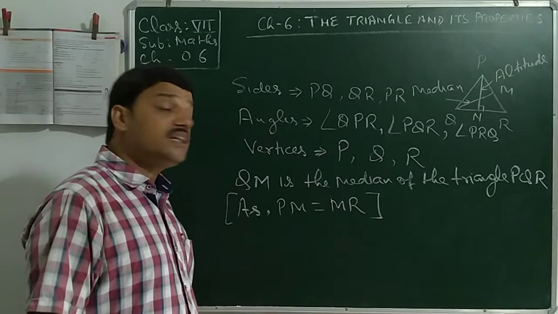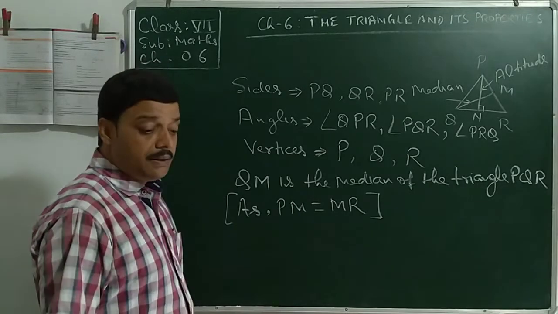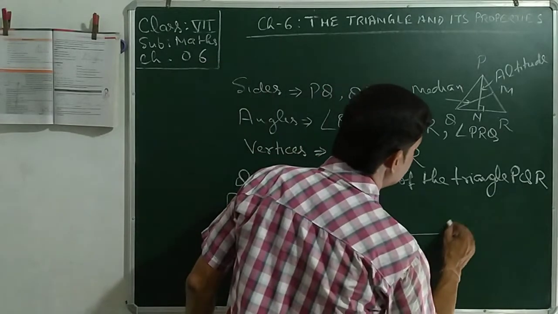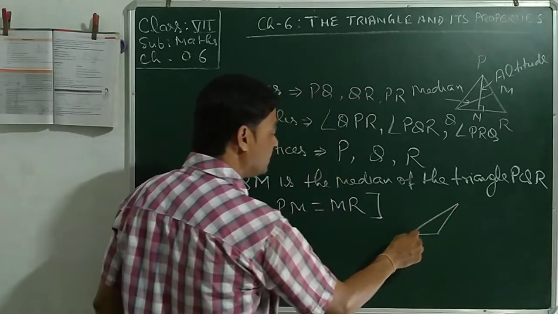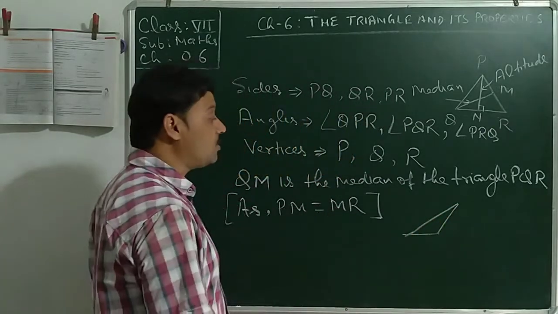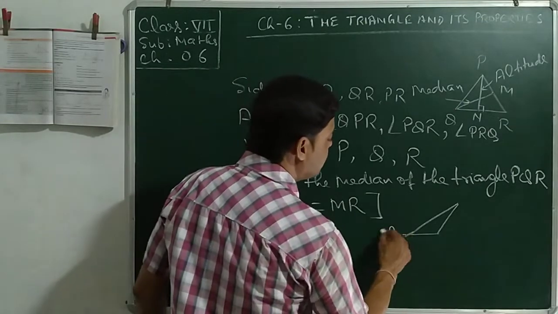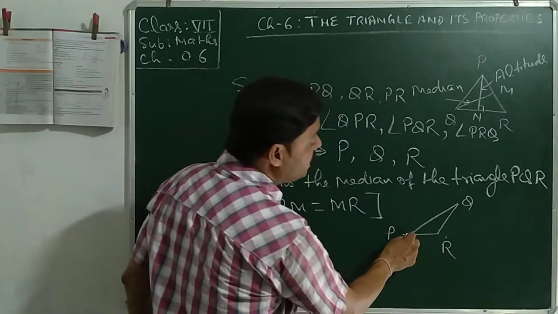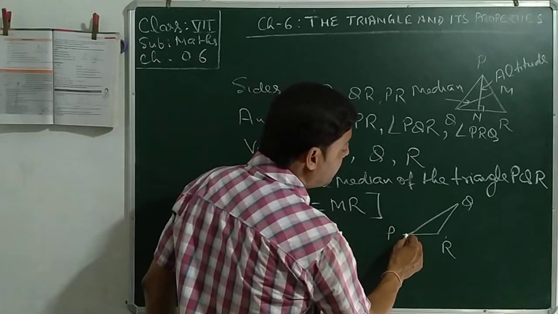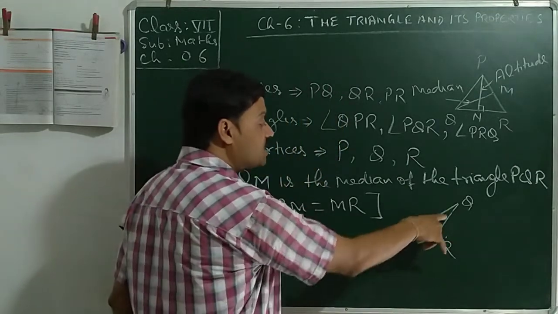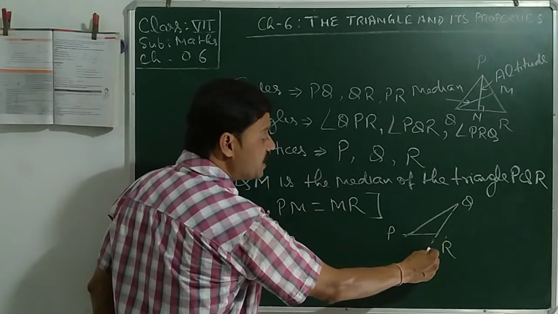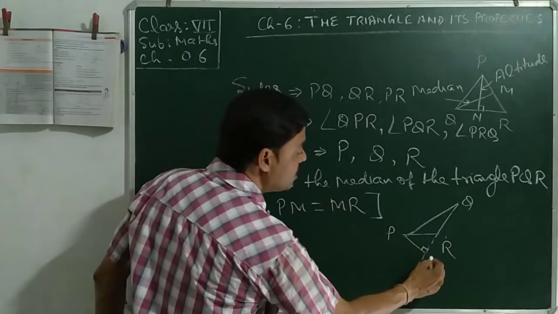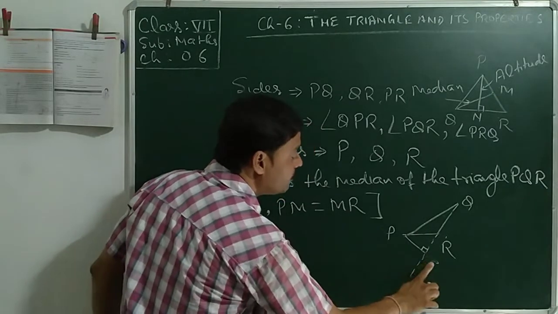Three medians and three altitudes can be drawn in a triangle, but sometimes what happens in case of, say, an obtuse triangle, this is the obtuse triangle, and if you are asked to draw the altitude of this triangle, say the triangle is PQR, then from this vertex we cannot draw one perpendicular on this side, so we need to extend this side like this, then we can draw the perpendicular here, and assume that this is T, PT.